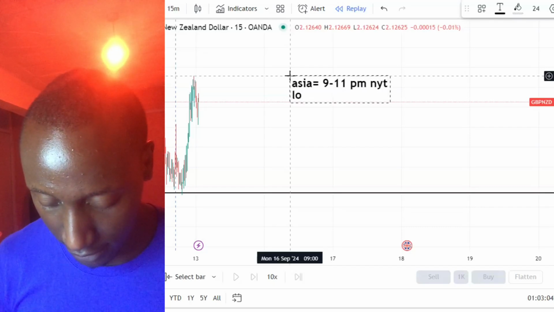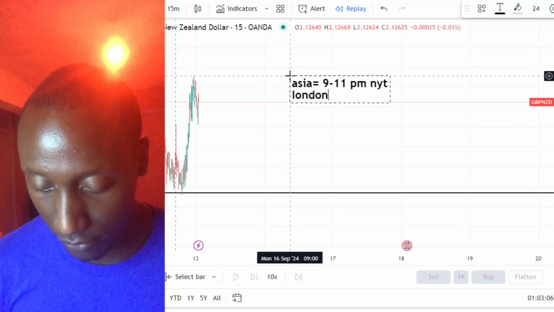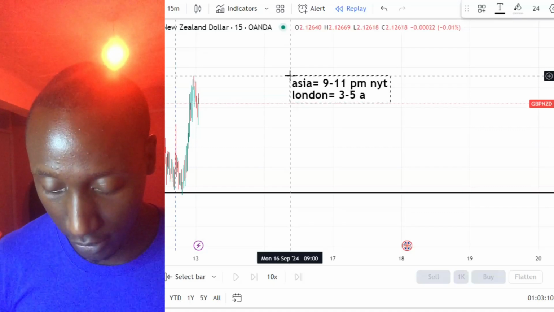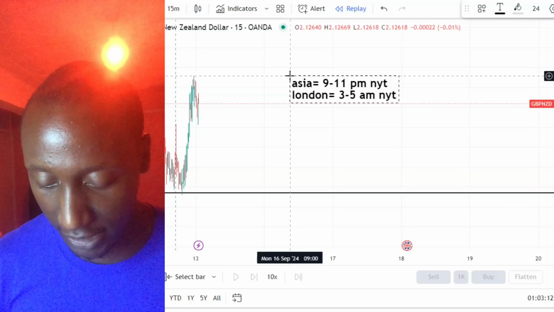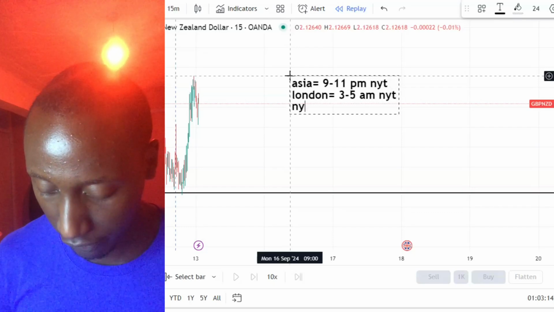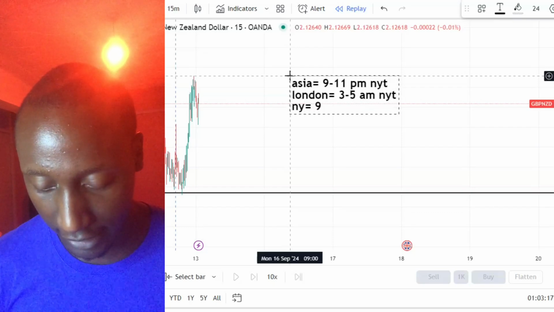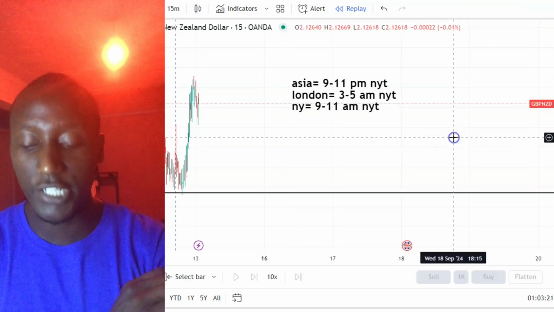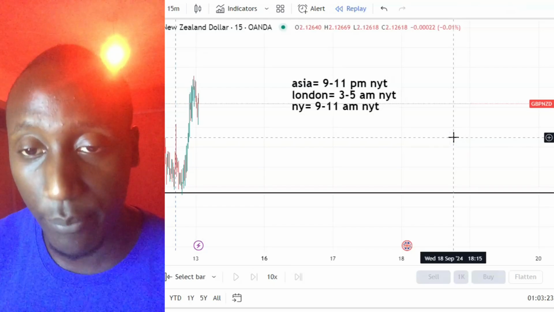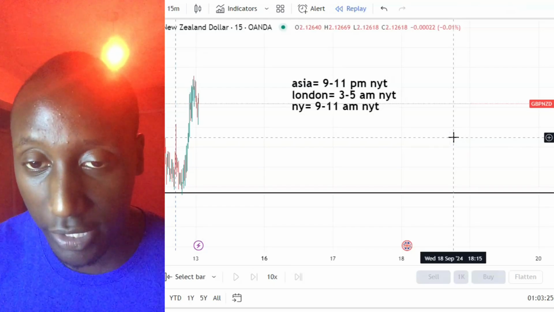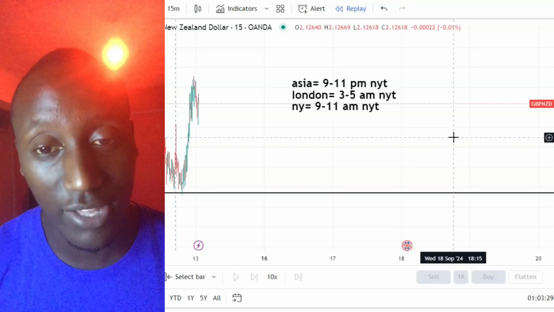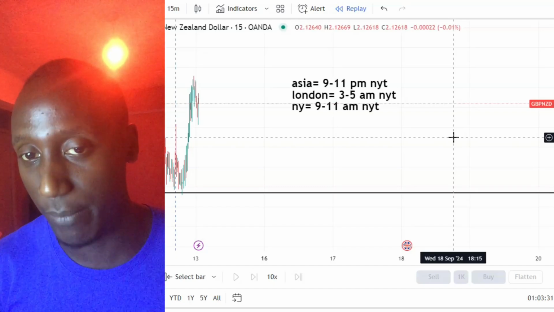For London, the time to look for setups is between 3 and 5 a.m. New York time. And then for New York, the time is between 9 and 11 a.m. New York time. So on this particular day, the only time you open your computer to look for setups is between these times. Anything outside of that, that is not trading, that is gambling.